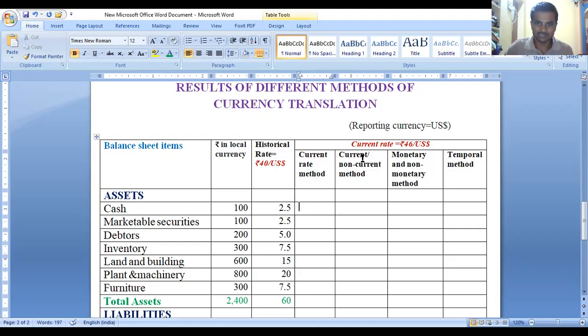By using the current rate method, it is 46 rupees per US dollar. So how much do we have? 100 rupees. By selling 100 rupees, how much dollar would we get?